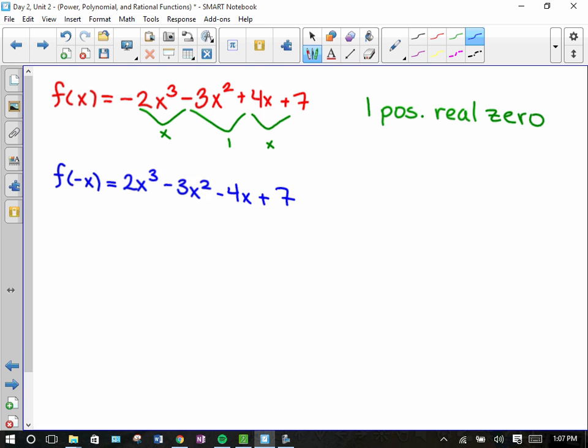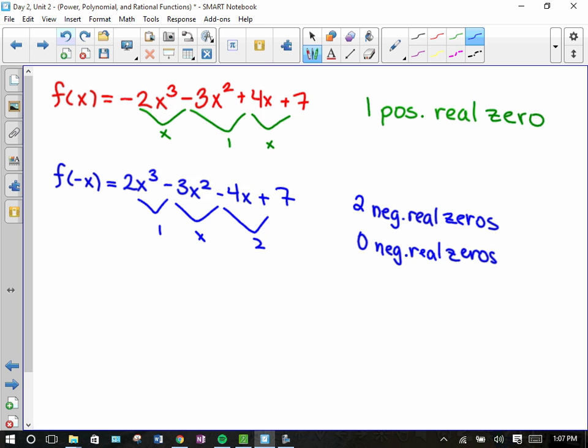And then plus 7 doesn't change. So, one sign change. No sign change. 2 sign changes. So that tells me that there's 2 negative real zeros, or it could be 0 negative real zeros.